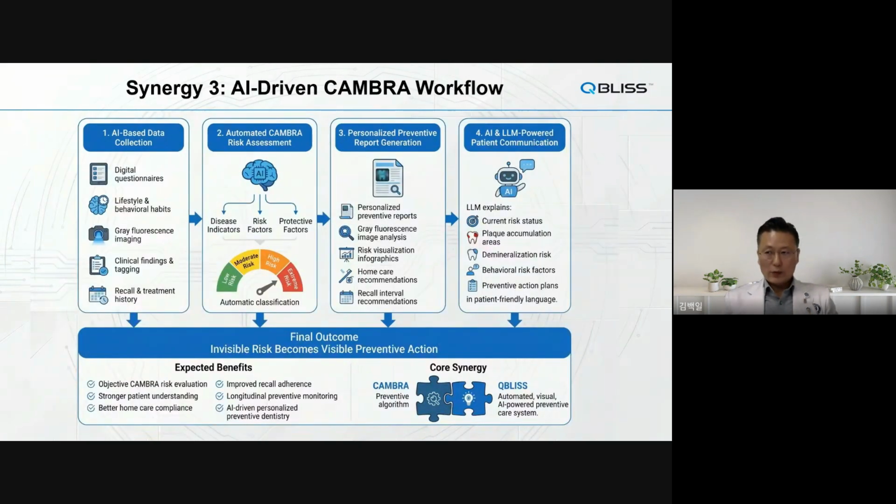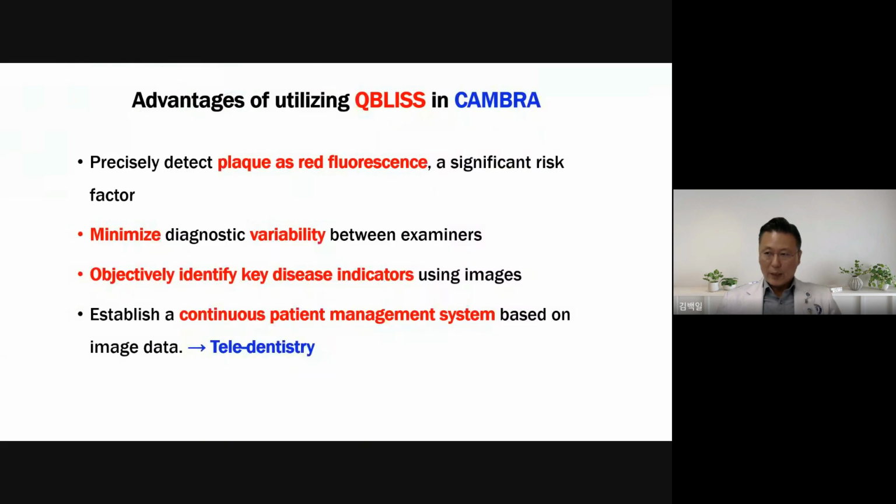As I mentioned before, this kind of system is run by AI, so it is very efficient and reduces time. That is an advantage of utilizing QBLISS with the camera. We can precisely detect plaque as red fluorescence, which is very important. We can minimize diagnostic variability between examiners.